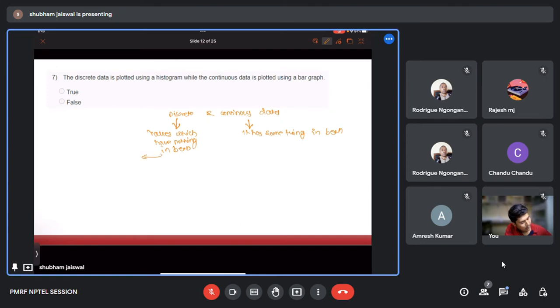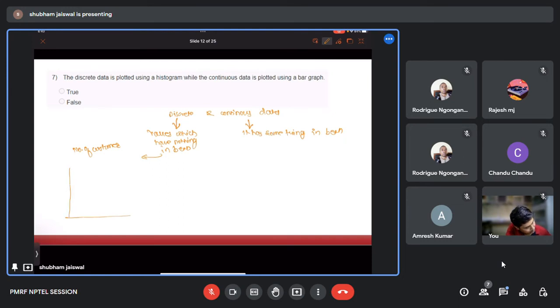Like I have the number of customers that have rejected the workpiece. On the other hand, I have the continuous data like the measurement of one cylinder. So what I can do, I can plot them.